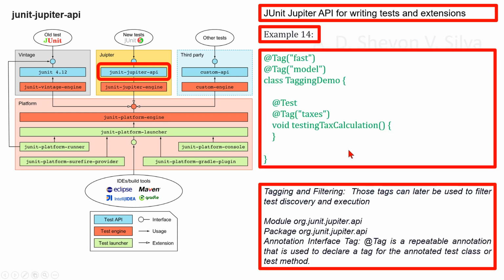Now we are considering tagging and filtering. Those tags can later be used to filter test discovery and execution. The annotation interface Tag in package org.junit.jupiter.api in module org.junit.jupiter.api. @Tag is a repeatable annotation that is used to declare a tag for an annotated test class or test method.